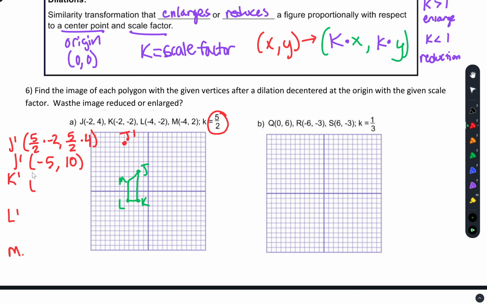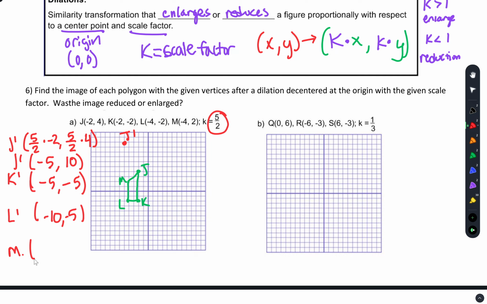So -2, -2 times 5/2 is -5, -5. L prime will be at -10, -5.